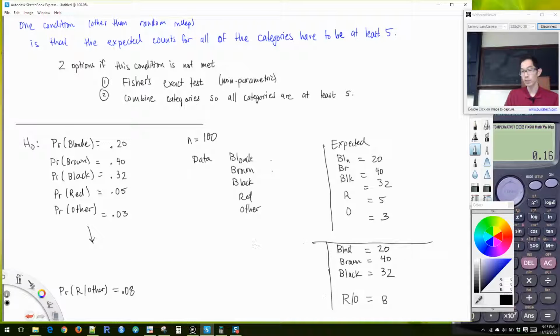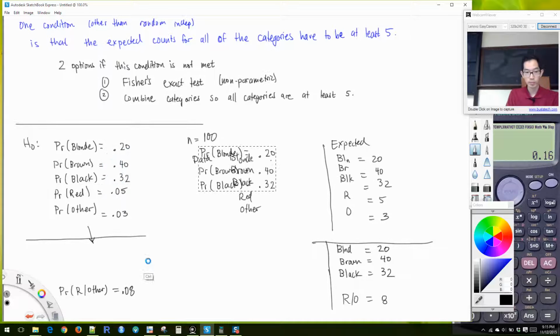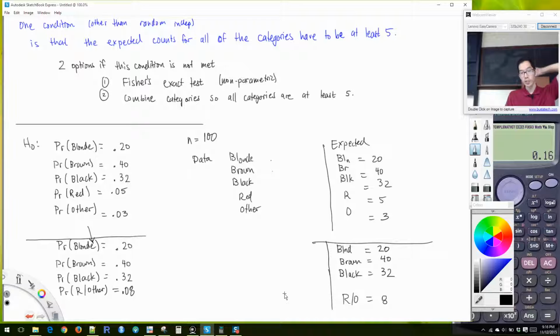Now that we have revised, we have to revise our null hypothesis. These three are the same as before. So we have 4 categories here, so our degrees of freedom would be 4 minus 1, which is 3.